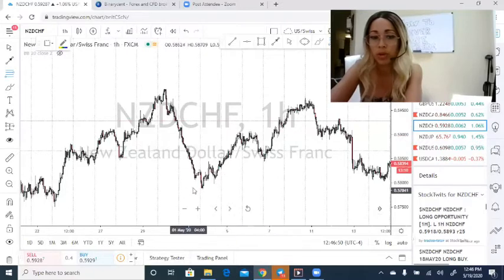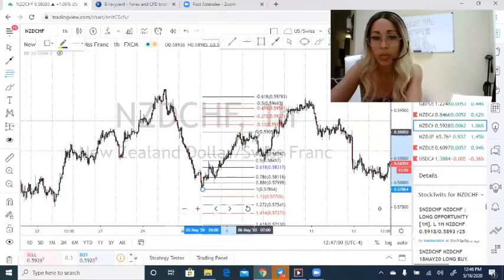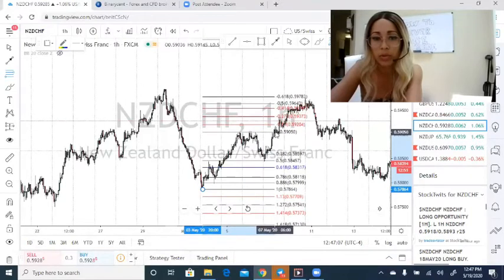So we're going to take the Fibonacci from this very wick right here, since this is our A, and bring it up to the highest wick of our B point, which is right where this wick is. I'm going to drag it over so we can read the numbers a little better.